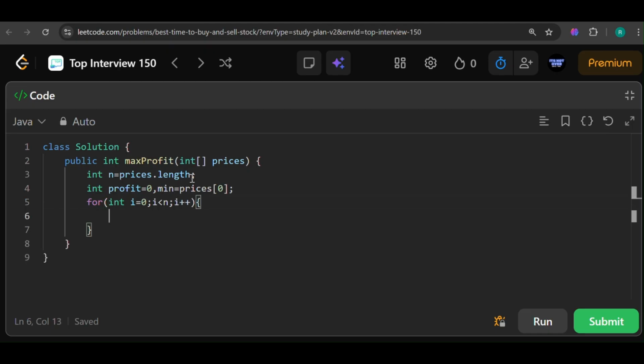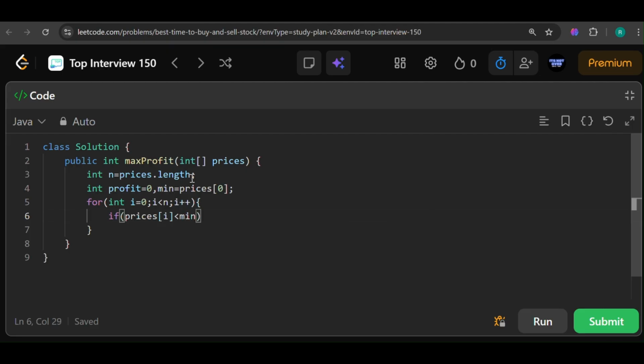So here I need to find the minimum element. To find the minimum element, I compare each element, prices of i, with my minimum element.